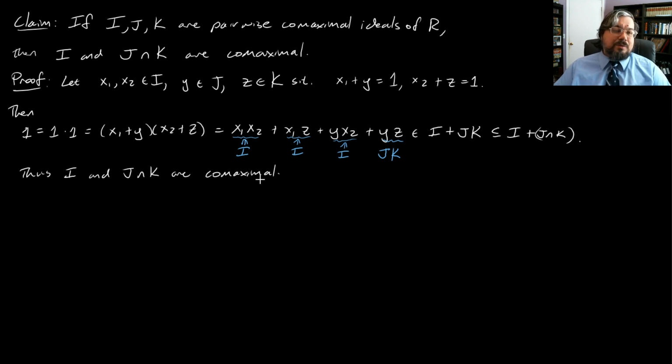All right, now with this claim, we are ready to do the inductive step and finish off the proof of the Chinese Remainder Theorem. All right, so let's look at the inductive step, going back to the proof of the Chinese Remainder Theorem.